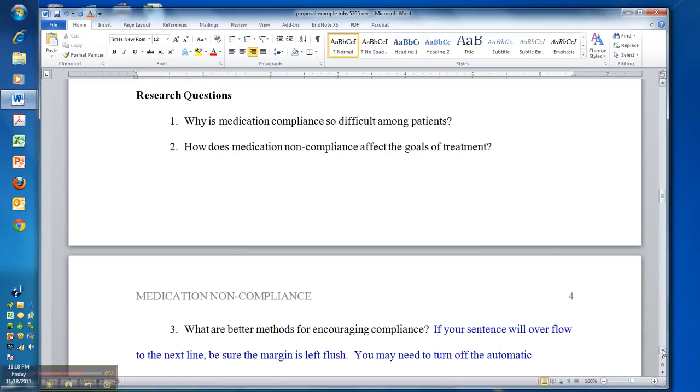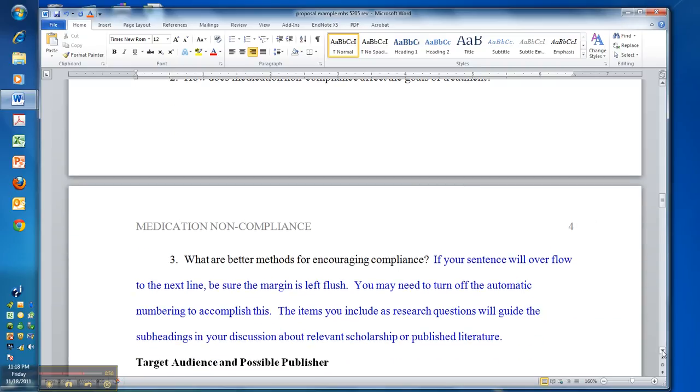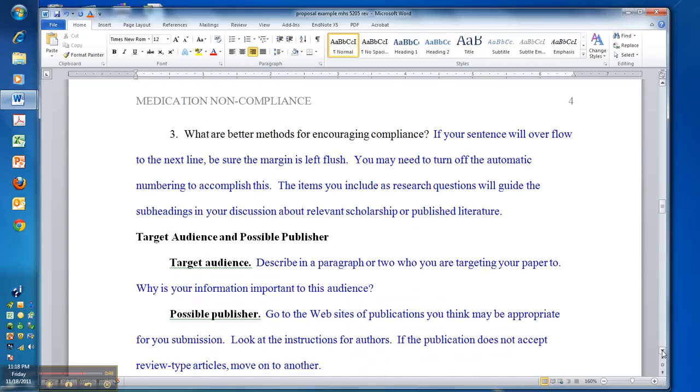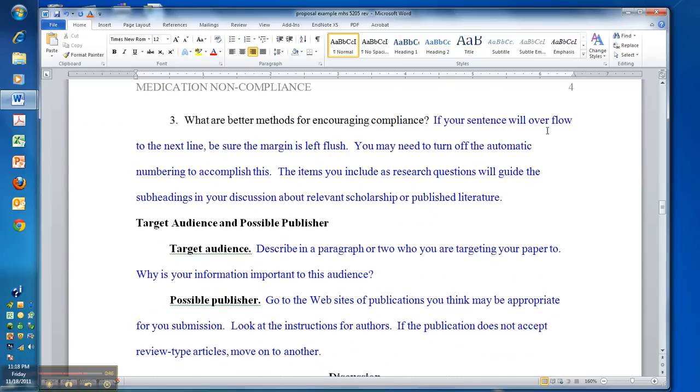As I say here down on the next page, if your sentence is going to overflow, then it comes out left flush. This is why it's called paragraphs in a series, because it's indented like a paragraph, and then the overflow is left flush like a paragraph, so it looks like a paragraph. Sometimes you need to turn off the automatic numbering in order to accomplish this. I'm going to stop here and pick up with the next section.